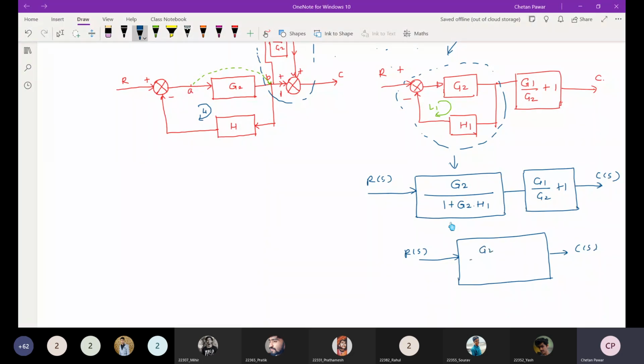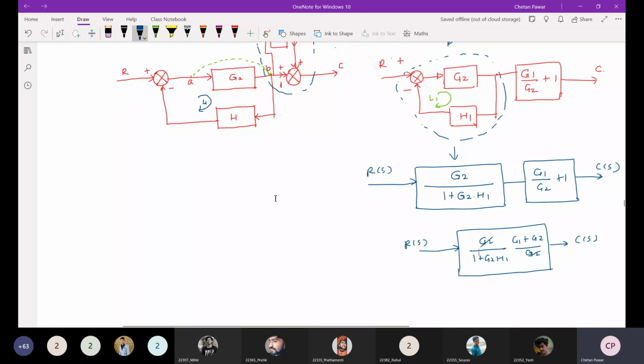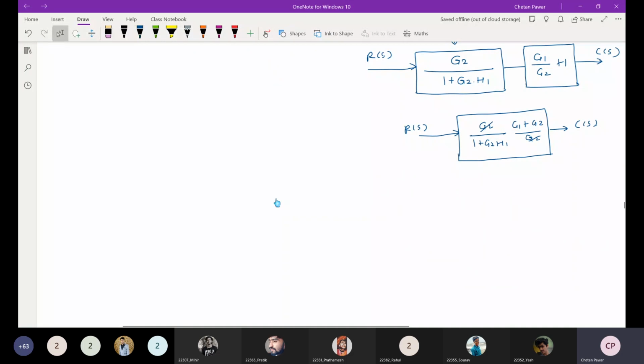If I simplify it, G1 plus G2, and the G2 terms cancel. So in this case the transfer function will be G1 plus G2 upon 1 plus G2 into H1. That will be the transfer function.